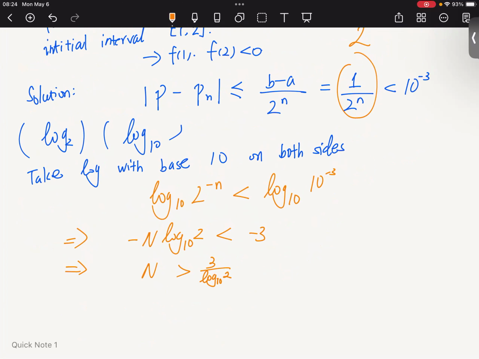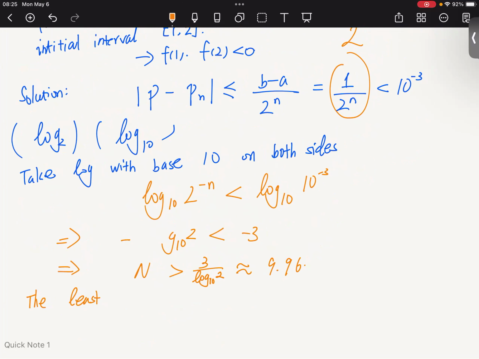If you use the calculator to calculate this number, it's around 9.96, and then we need to round up a little bit. So at the end, the least iteration number we need is 10.